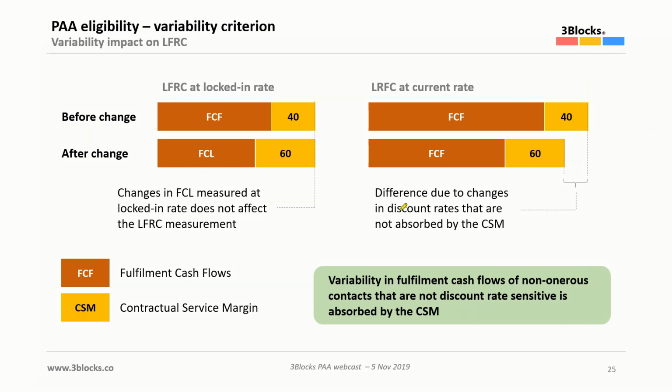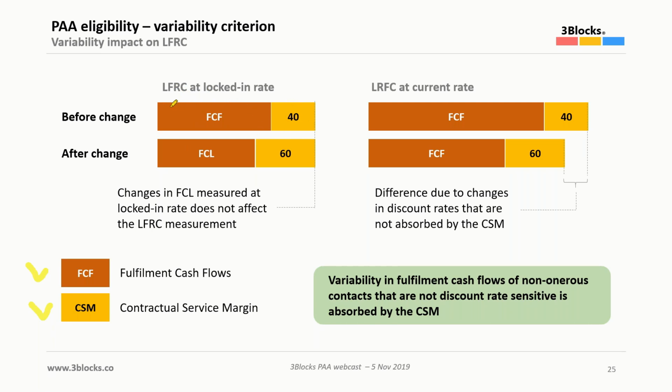The next observation is about the CSM capacity to absorb fluctuations in fulfillment cash flows. The coloring convention is that fulfillment cash flows are in brown, CSM is in yellow, and of course LRFC is the sum of fulfillment cash flows and the CSM.